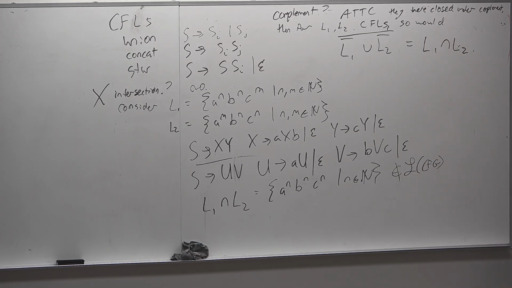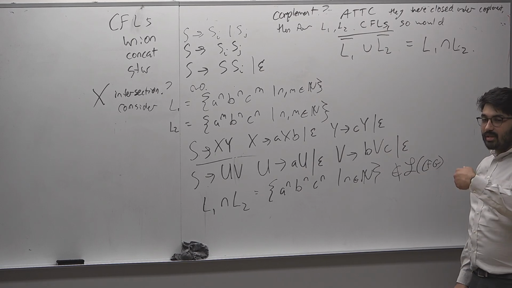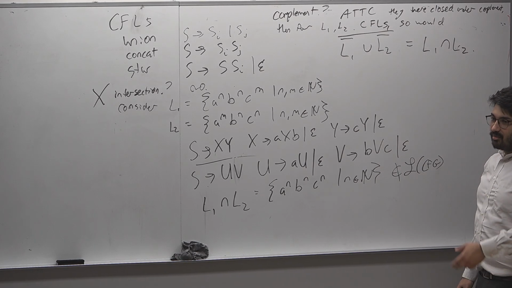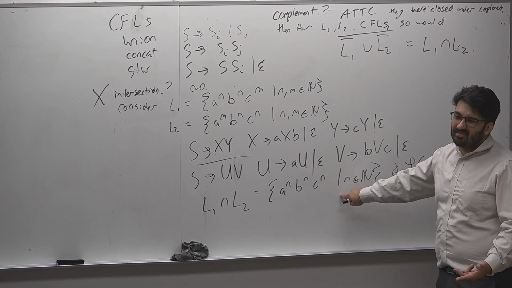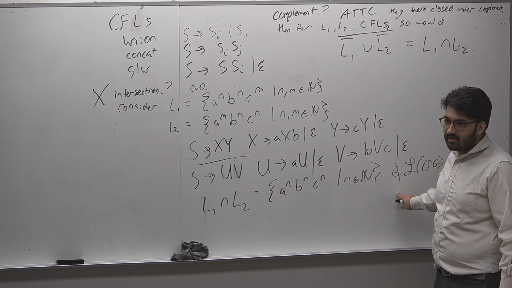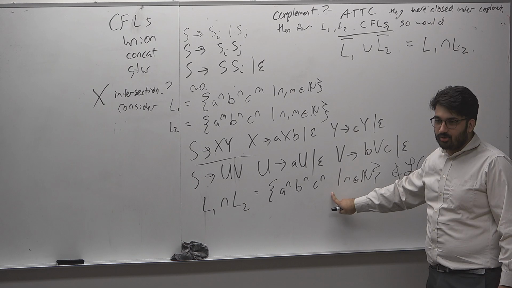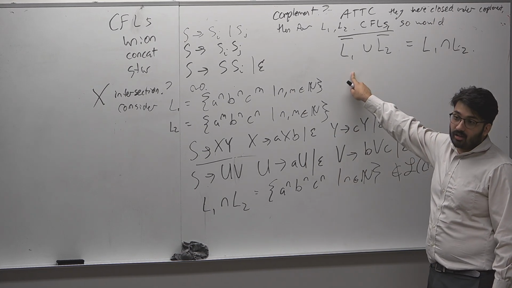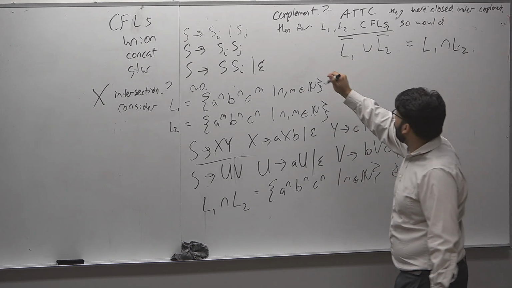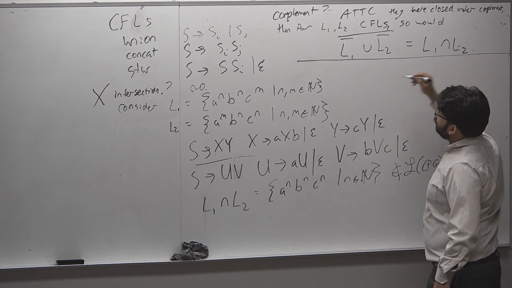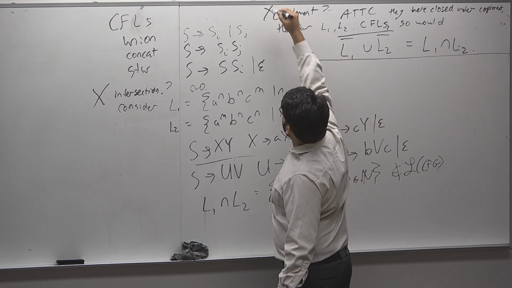If they were closed under complement, since they're already closed under union, you would get intersection for free. But you don't get intersection. We didn't finish the proof because we haven't shown this to be not context-free, but assume we did. Then since they're not closed under intersection, they also cannot be closed under complement. Okay? No, not closed under complement.